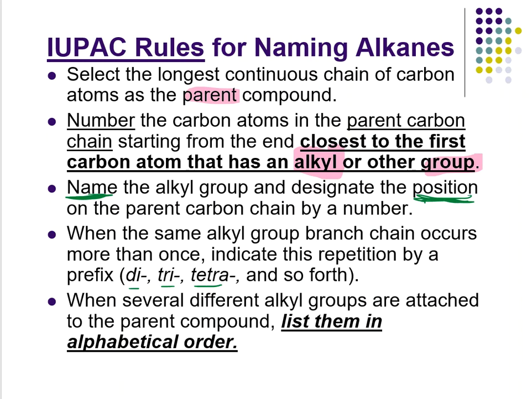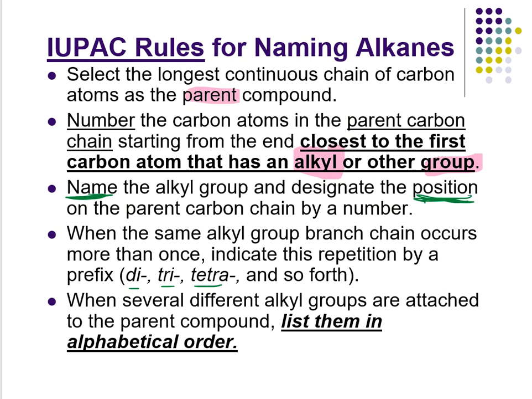So for instance, if I have this big long chain, and this big long chain's got 5 methyl groups, why do I want to say methyl, methyl, methyl, methyl, methyl, and then the name of the compound? That's silly, right? It's too much time. It's a waste. It sounds silly. I'm not going to do it. So if there's 5 of them, 5 is a penta. So I would call it a pentamethyl. That's how we do it.